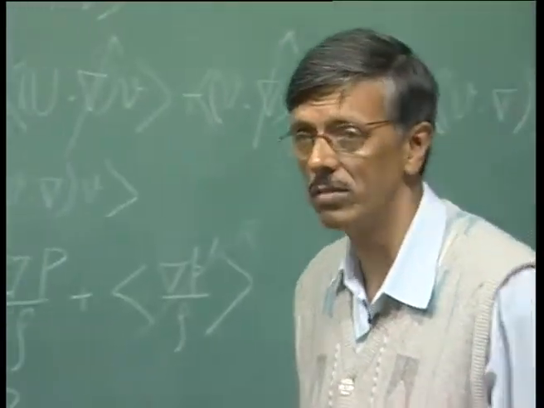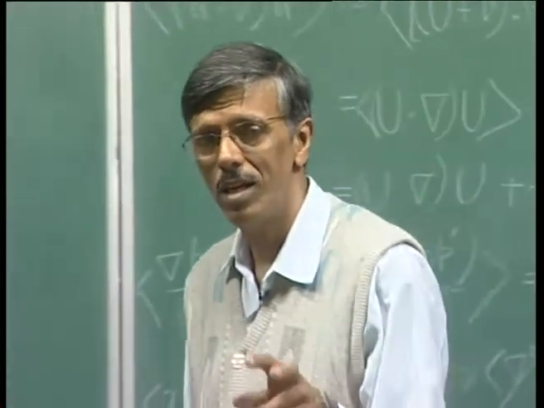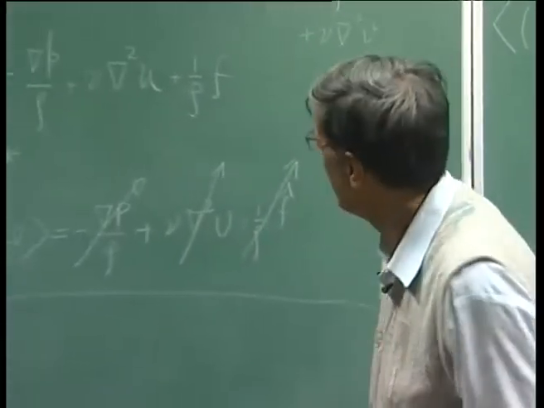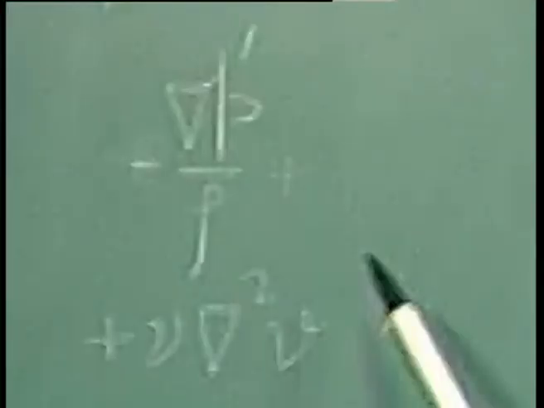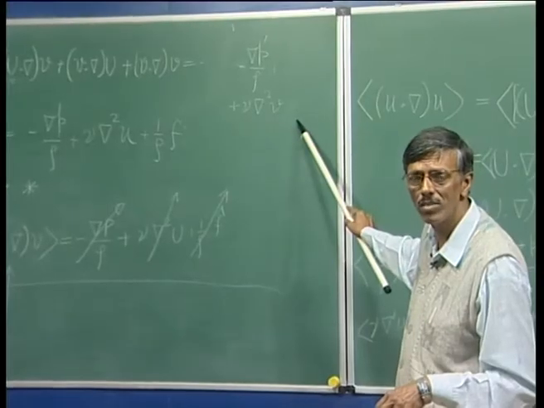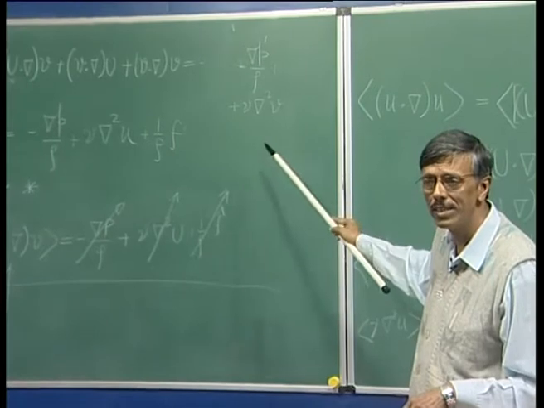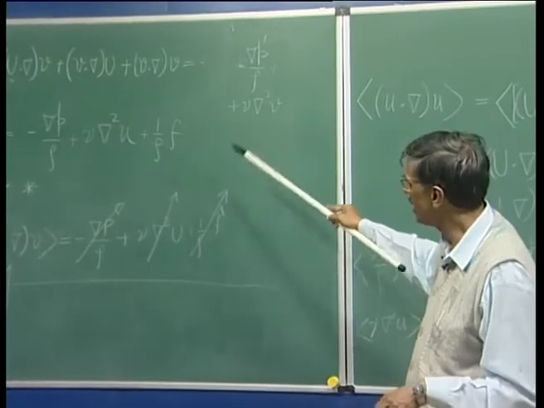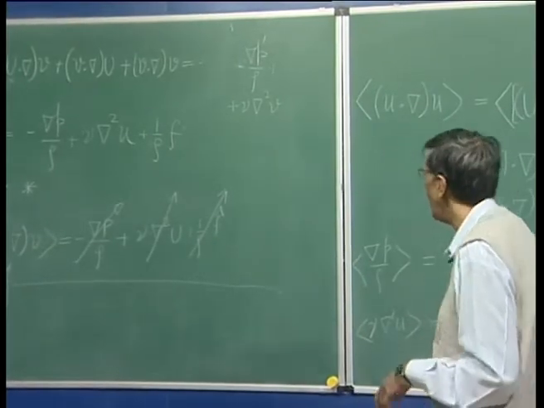Now, how do you get the Reynolds stress equation? It is basically a second order quantity. We have written down the equation here for the fluctuation itself. So, I could write it in tensor notation, right.